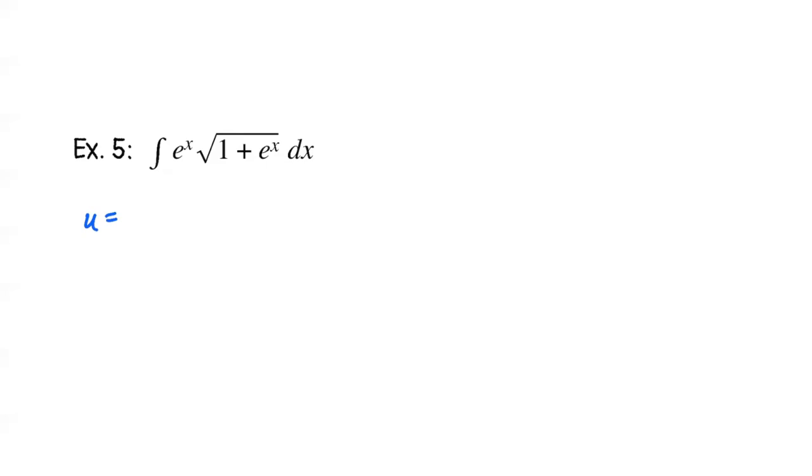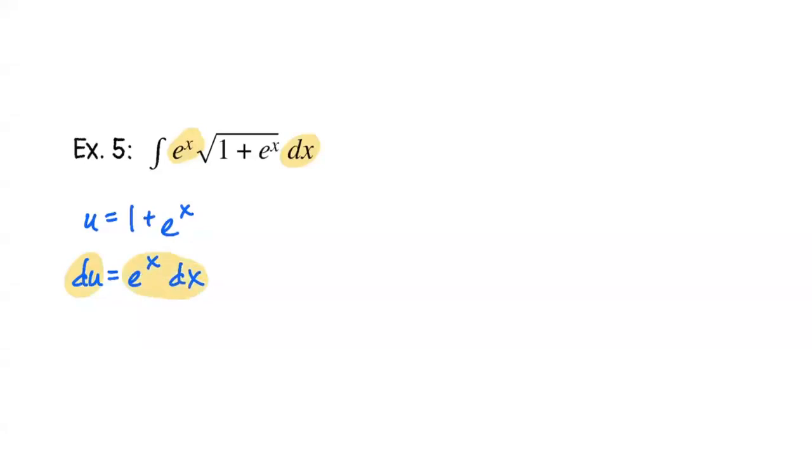Okay. But knowing that we have u sub here, a good guess for our u is the entire term underneath that square root. And so we find our du and we get e to the x dx. Check that out. That constant just went away. So everywhere I see e to the x dx, I can replace it with du.